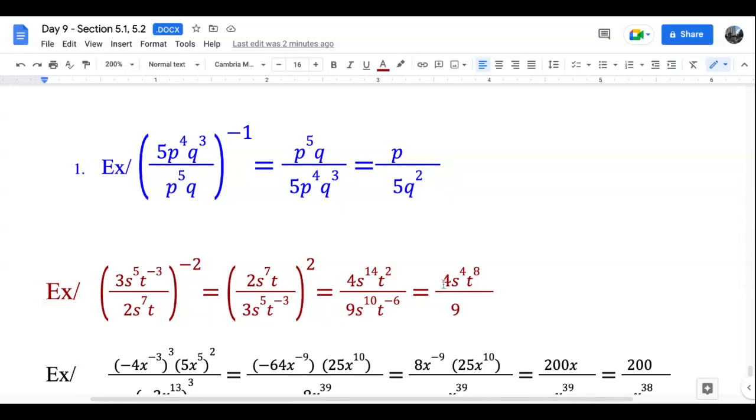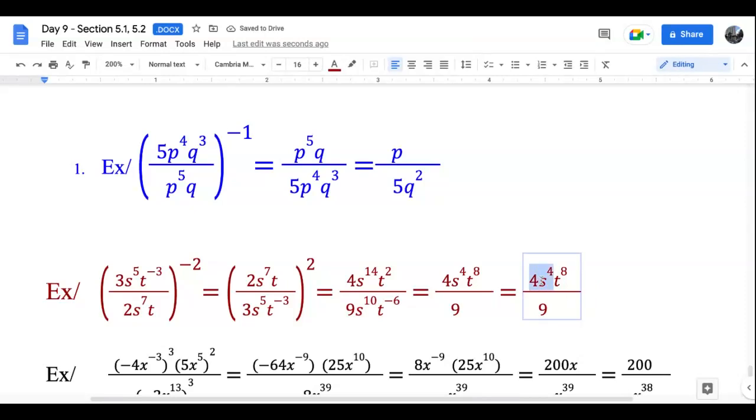And of course, this can be written if you want, this can be written as this. We can write it as x raised to 4, t raised to 8 on the side.